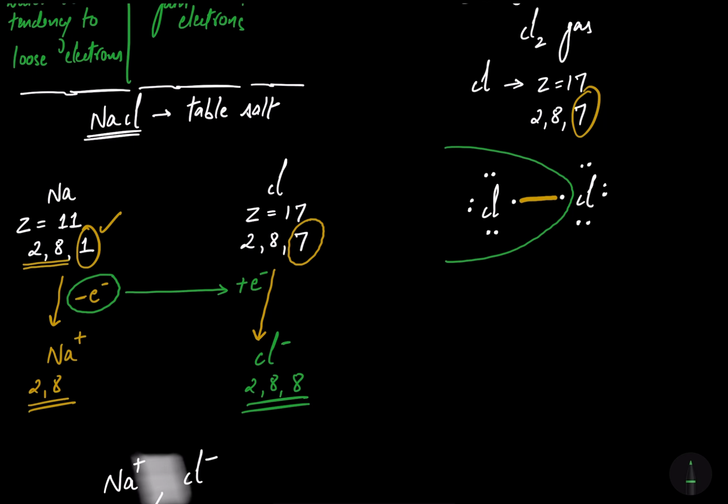Let's count the number of electrons around the first chlorine atom: 1, 2, 3, 4, 5, 6, 7 and the 8th one, because it has been shared. The 8th electron has been shared by the second chlorine atom to the first chlorine atom. So the first chlorine atom has 8 electrons in its outermost shell after sharing an electron with the other chlorine atom.